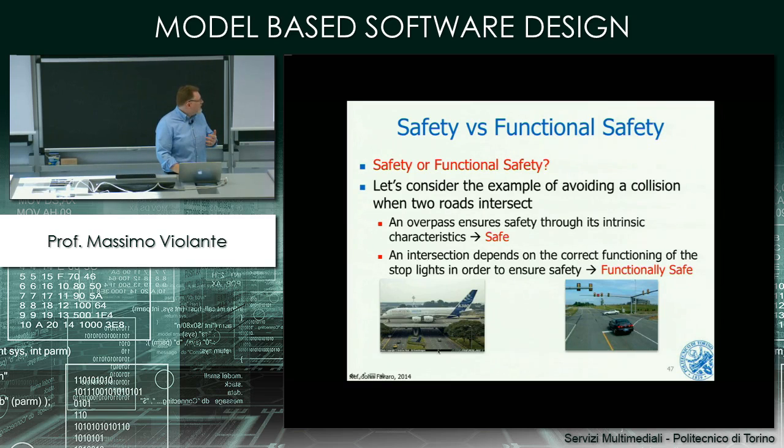The vehicles never cross each other, okay? This is an example of a safe system. This is safe. We will never have somebody dying due to the crash of two vehicles on the orthogonal roads at the same time being at the crossing. You will never have a failure here that brings you to have an accident. It is not possible. The crossing is safe by construction.